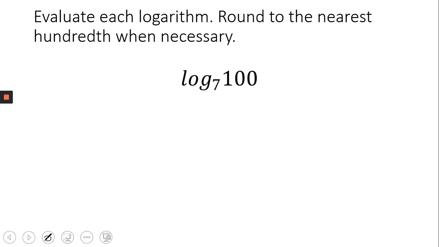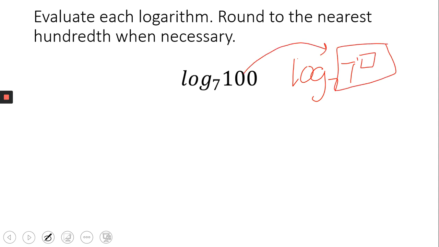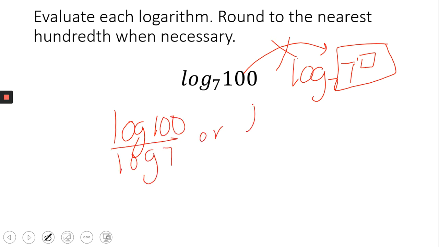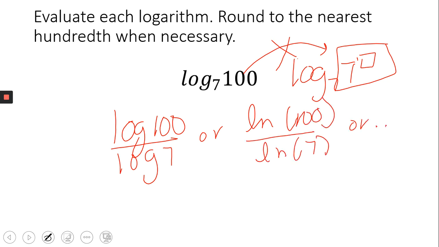This next one, can I evaluate it without a calculator? Can I write 100 as a power of 7? The answer is no, right? Can't do that. So now let's use change of base. Well, we could just do log of 100 over log of 7, or we could do natural log of 100 over natural log of 7, or some other base that's not really helpful for us in this case.